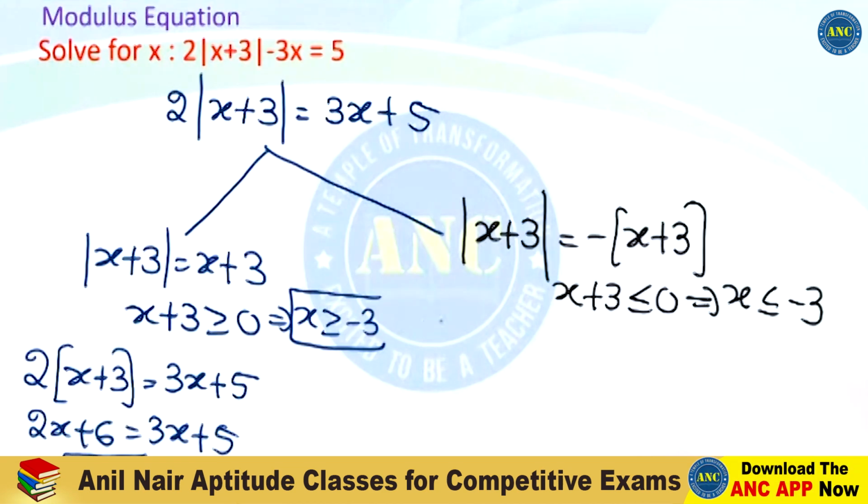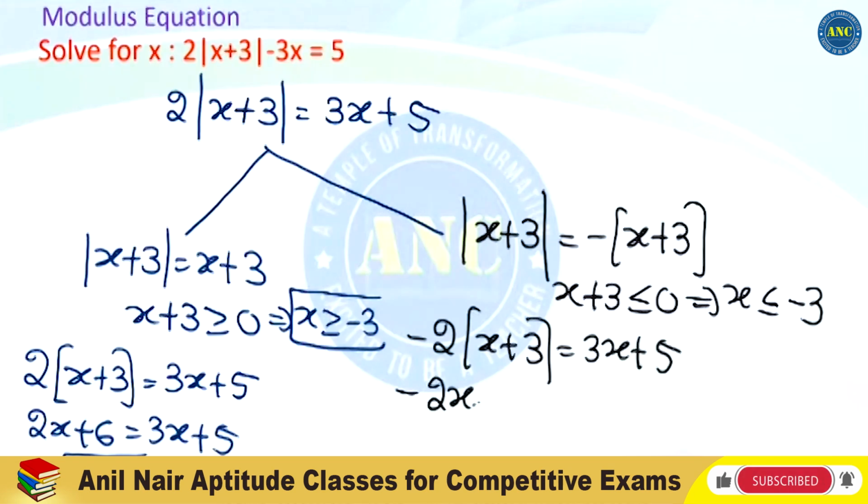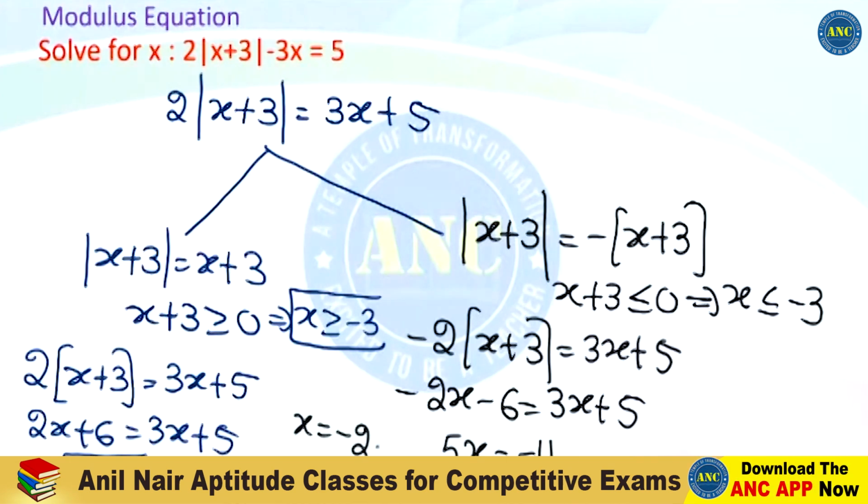So substitute it: 2 into minus of x plus 3 equivalent to 3x plus 5. So these are nothing but minus 2x minus 6 equivalent to 3x plus 5. 5x is nothing but minus 11. X is minus 2.2.